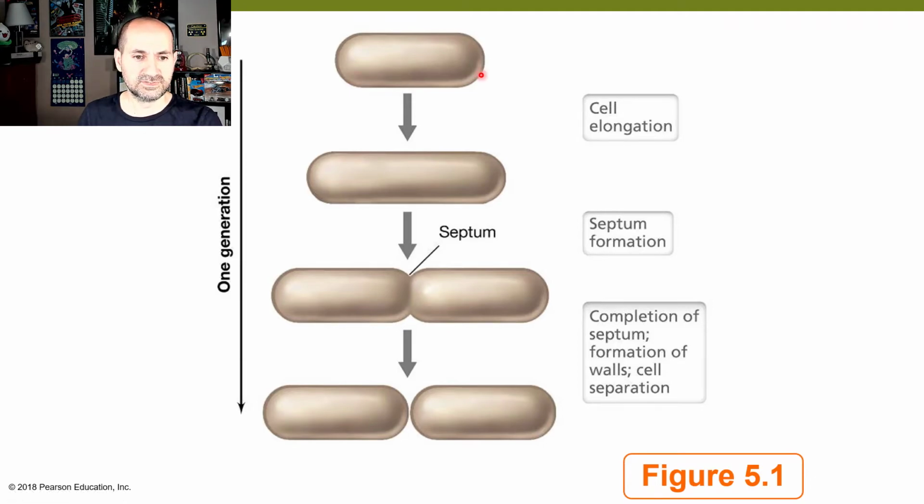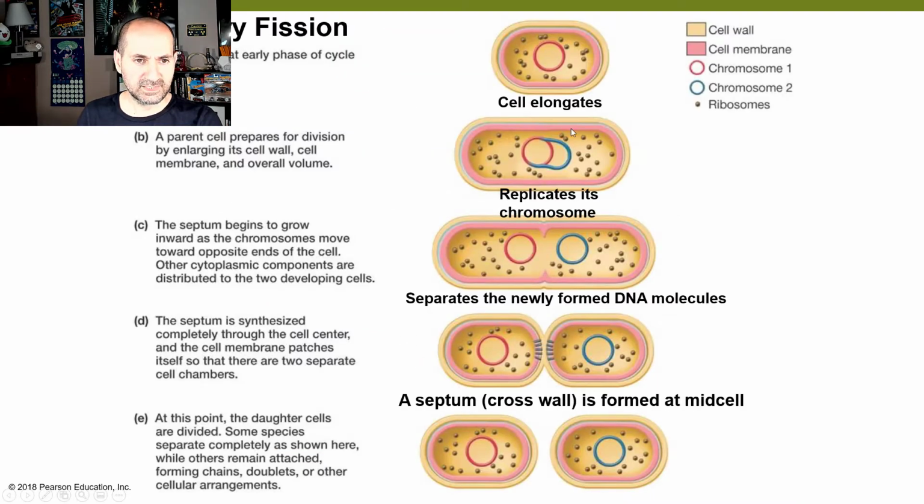You should know cell elongation, septum formation. And remember that the chromosome of a prokaryote is a single circularized chromosome with a single origin of replication. And then you have DNA replication, DNA segregation, septum formation, and that results in two cells.